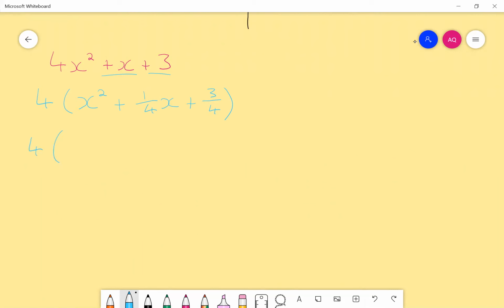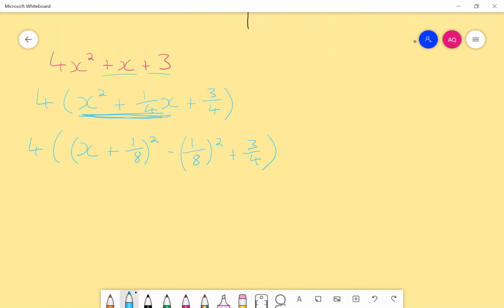Inside, we can complete the square here either way. So let's use the second method again to have another look at that. So what we do is x plus 1 over 8, because that's half the x coefficient, squared. Then we'd have minus 1 over 8 itself squared plus 3/4.